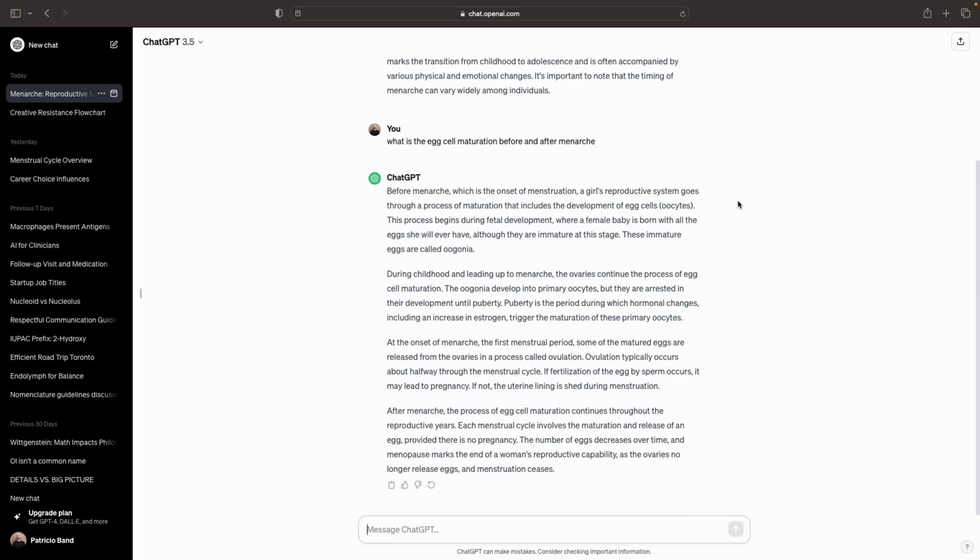The development of oocytes: this process begins during fetal development, where a female baby is born with all the eggs she will ever have. Although they are immature at this stage, these immature eggs are called oogonia. During childhood and leading up to menarche, the ovaries continue the process of egg cell maturation.